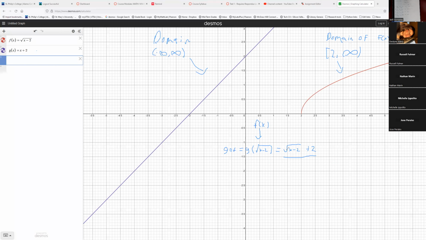Yes, as it's an even root, the inside cannot result in a negative. So the smallest number you can choose in here is 2, right? That's why this one right here has a domain of 2 to infinity. So both the result and the original have the same restriction. Do you see that?